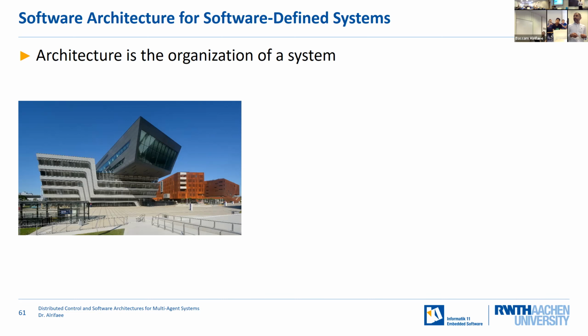So an architecture means the organization of a system. So this is a building architecture. It should be also beautiful architecture. So it describes the components of the system and the interactions between the components.